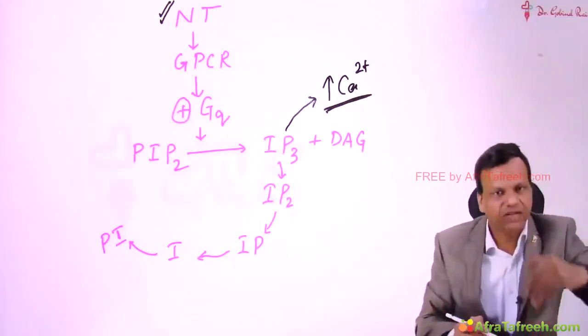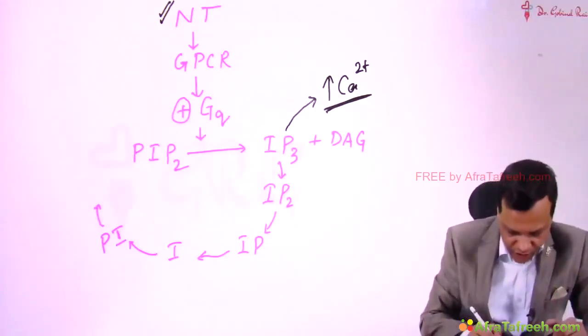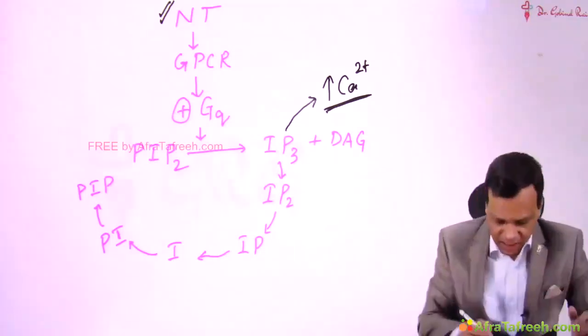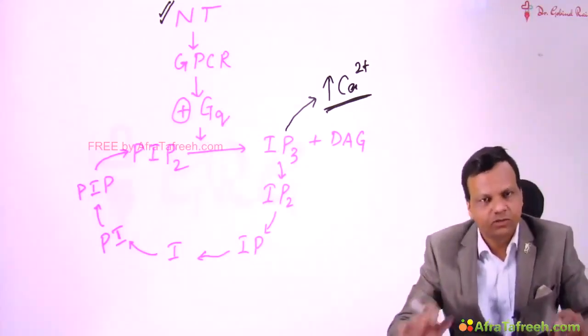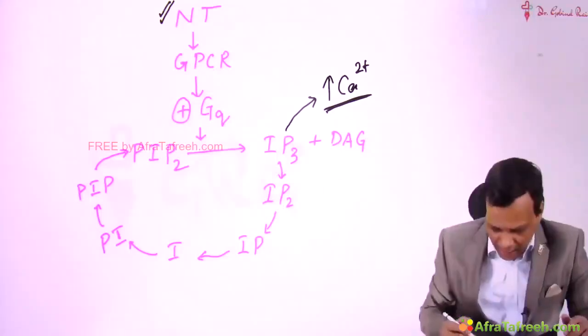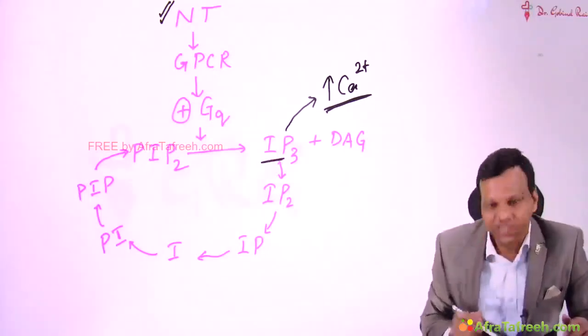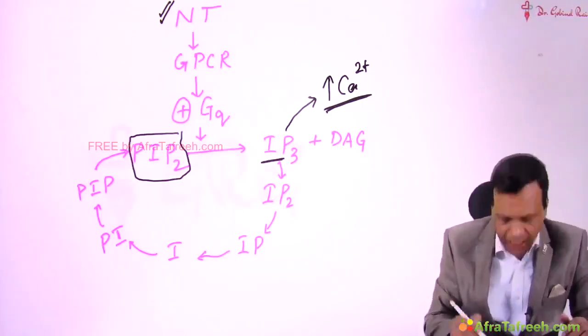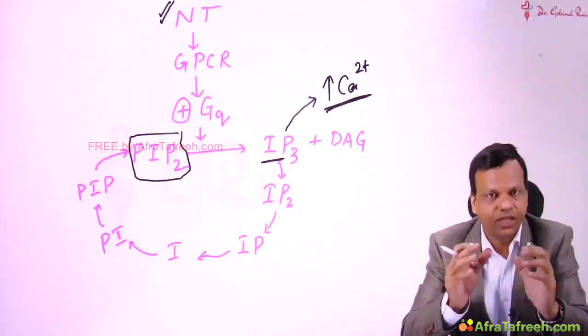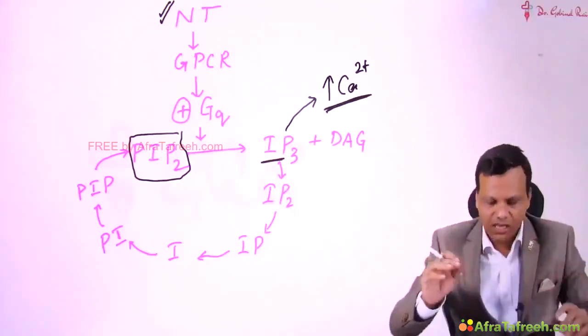Now this will start getting phosphorylated. Phosphatidylinositol is converted to phosphatidylinositol monophosphate, and this will be converted to phosphatidylinositol bisphosphate. So basically what has happened is IP3, after producing the action, has regenerated the PIP2 so that it can be utilized again. Clear? You understand the basic thing?